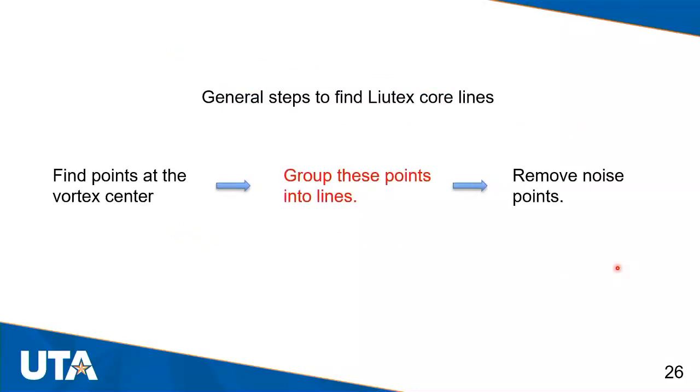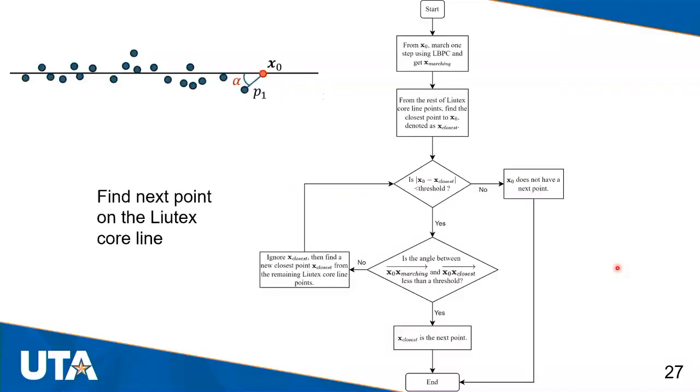And then we go to the group point section. So then we group these points into lines. This is what we do to group points. The idea is simple. We start from any point, and for a used point, we just don't consider it later.